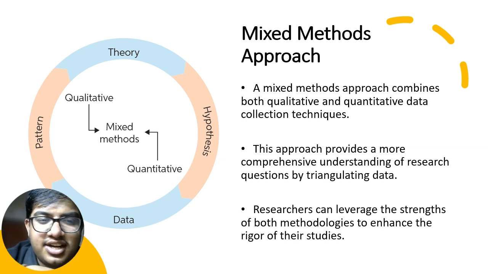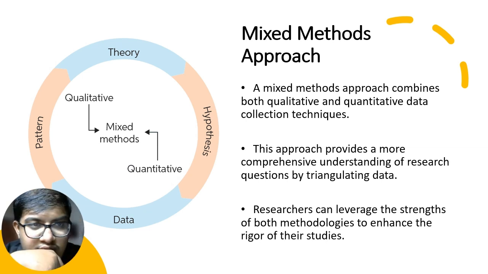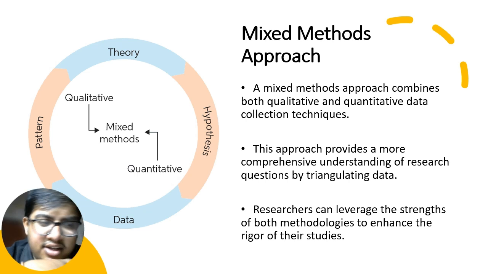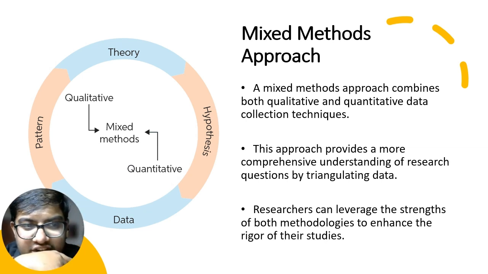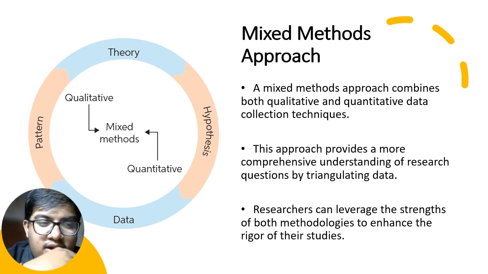As you can see in the diagram, you have the theory, you have the hypothesis, you get the data, and you get the pattern. The pattern comes from the quantitative method, while the others also come with your qualitative method.